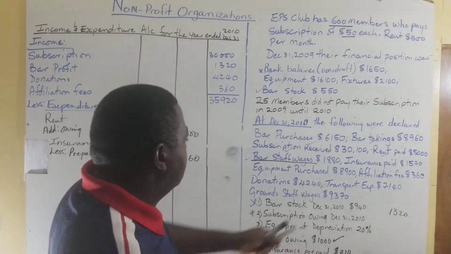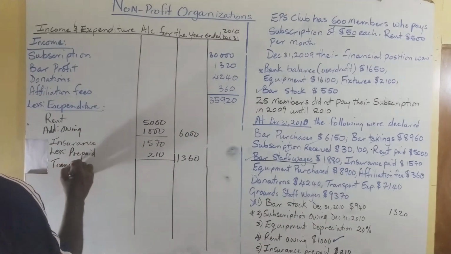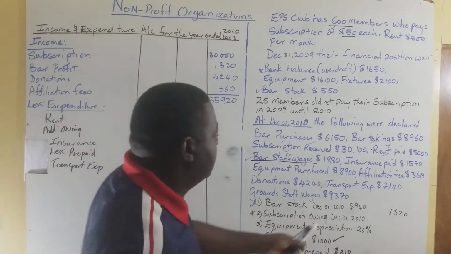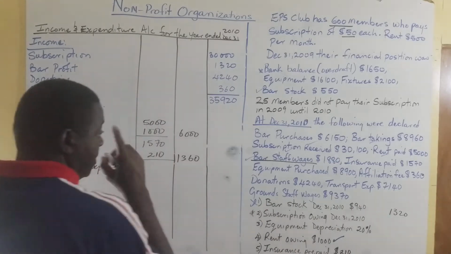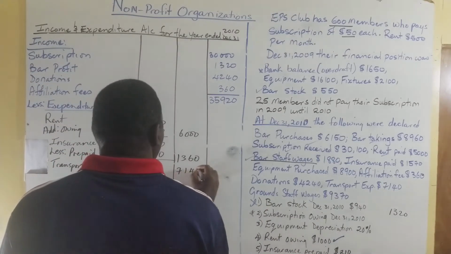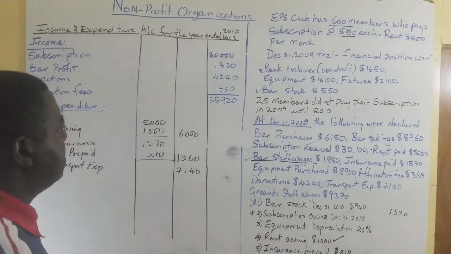What are the other expenses? We have transport expense, so we can put that in. And the transport expense is 7,140.